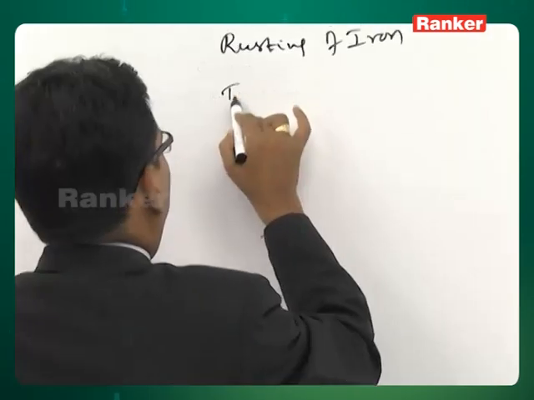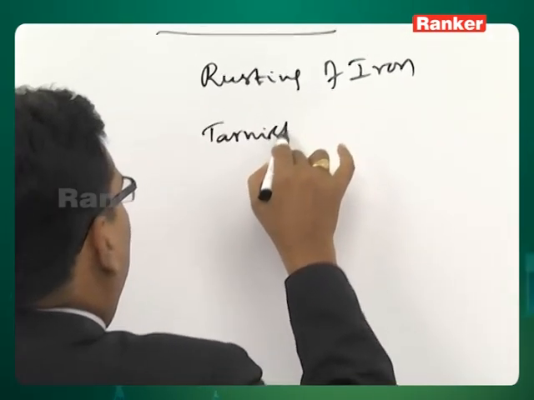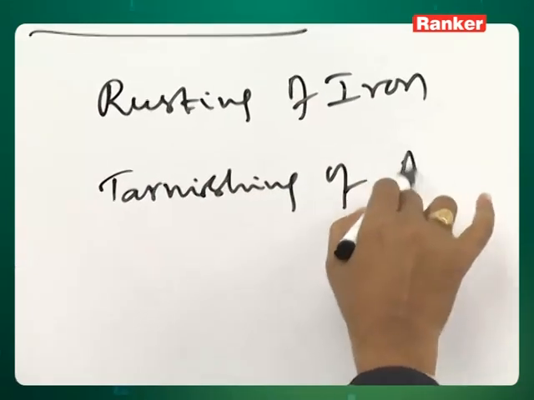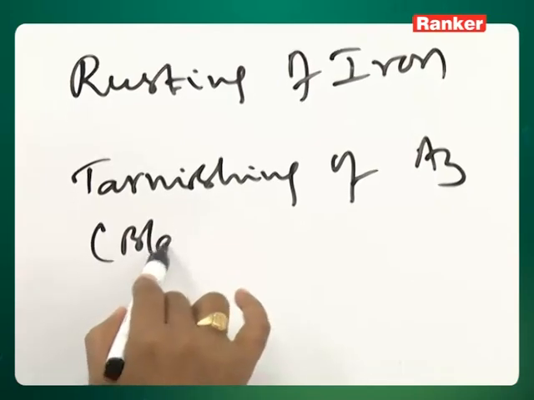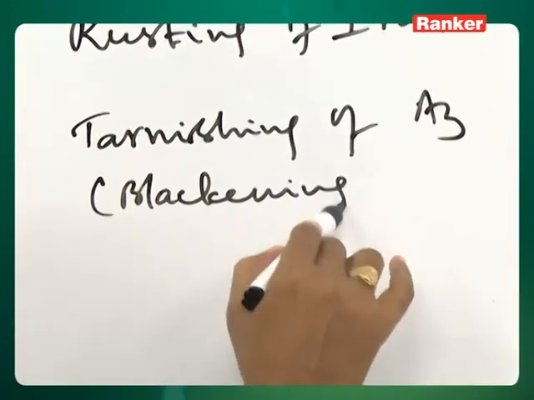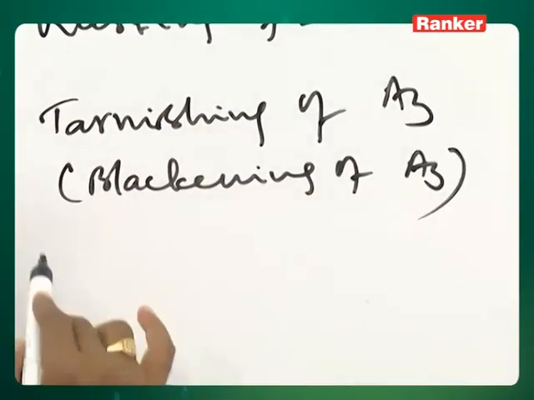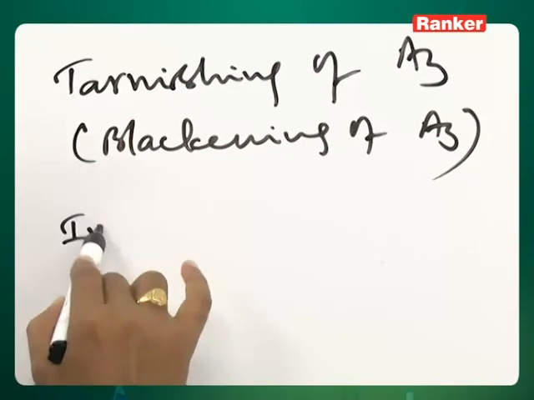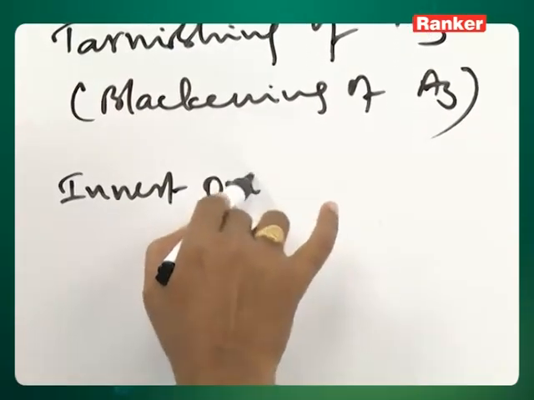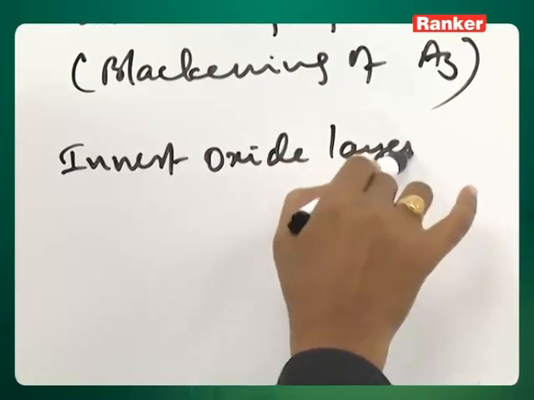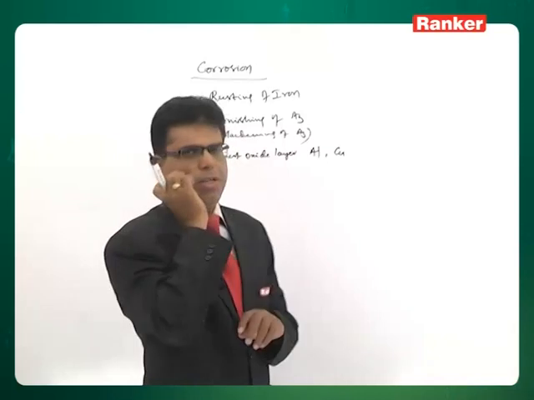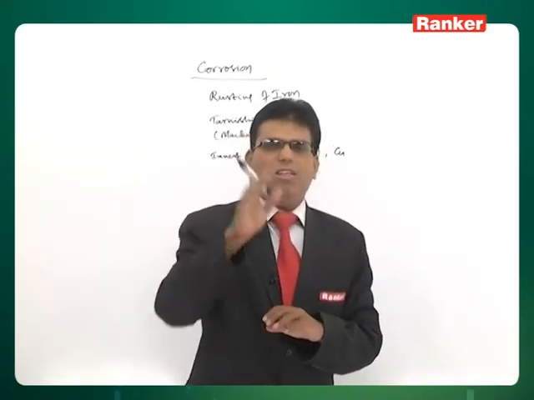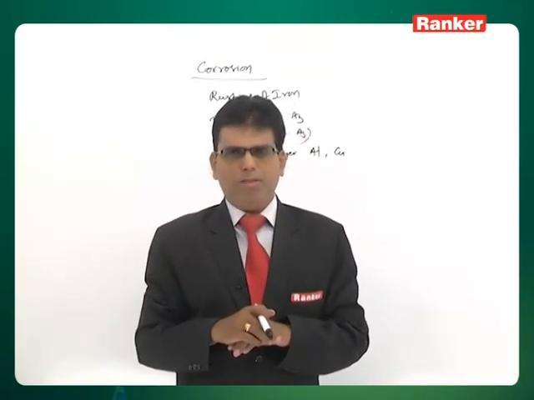Rusting of iron, tarnishing of silver, or this is what we call blackening of silver, and formation of inert oxide layer on aluminum, copper, basic copper carbonate. All these will come under this concept called corrosion.